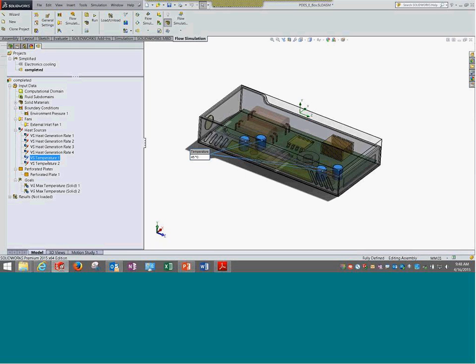So in one way or the other, if you observe, I personally see this setup is not absolutely, how can I say, a practical example or a true example. It is more towards showing you different options. So in places we are using heat generation rate, some places we are using temperature. For the heat sink, we may be knowing the heat generation rate, but heat just dissipates through it.